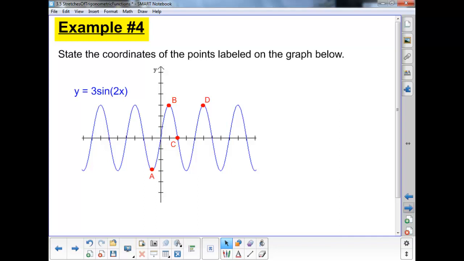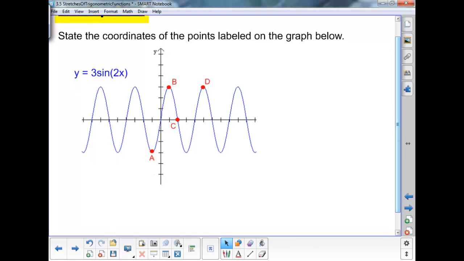What it wants us to do is locate the coordinates of all of the points indicated on the actual graph. To get this question started, some things we would need to keep in mind: all of the points that it's asking for are critical points, and from the equation there are a few things we can establish right off the bat that are going to be helpful.